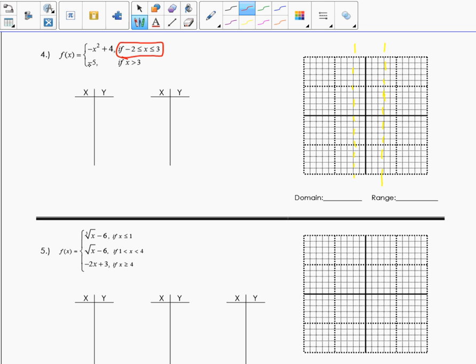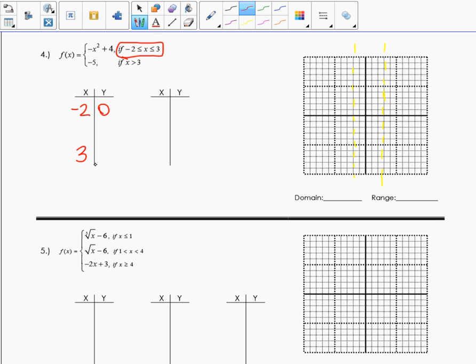Okay, I'm going to go from -2 to 3, and I'm going to leave some room because if you look, that's a quadratic. So I want to make sure I have enough information to really get a good parabola out of there. So if you need to use your graph on your table, please type it in and do so. Okay, but when x is -2, you should get a value of 0.